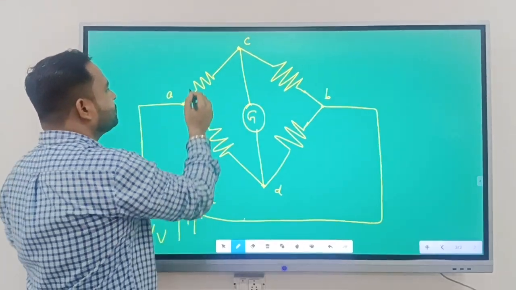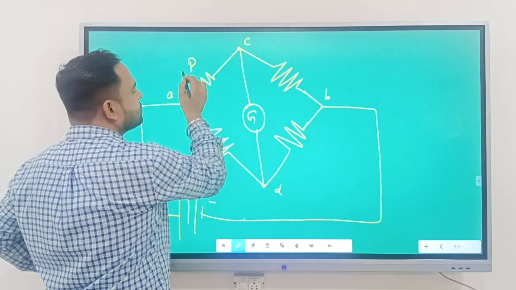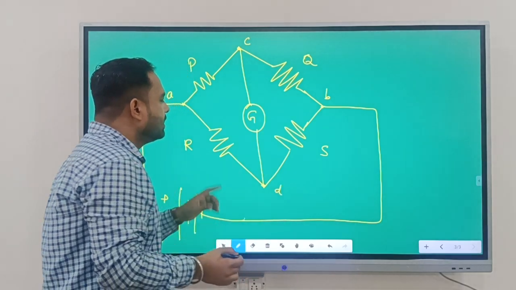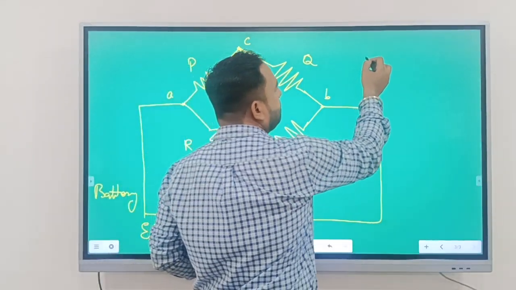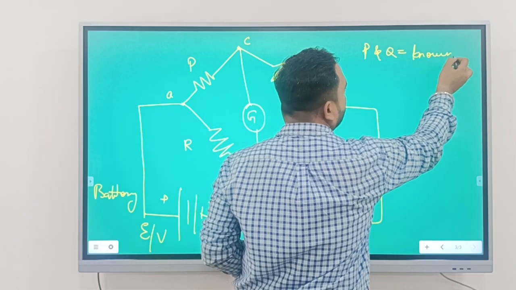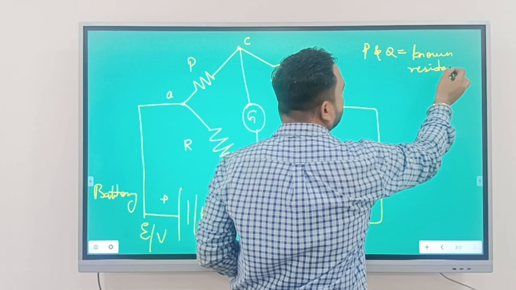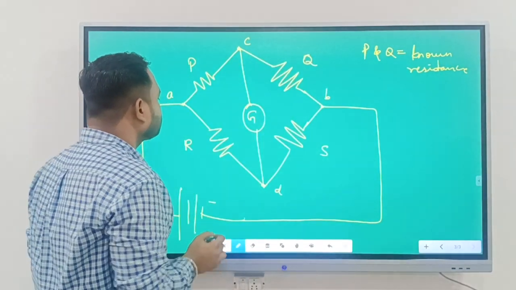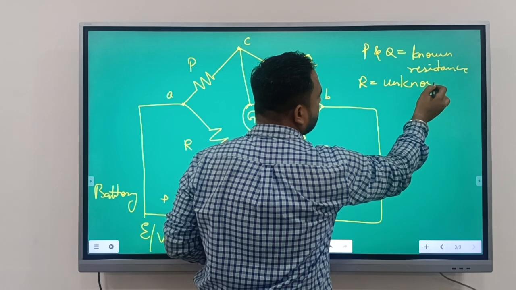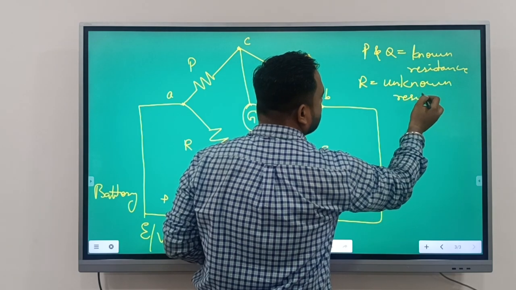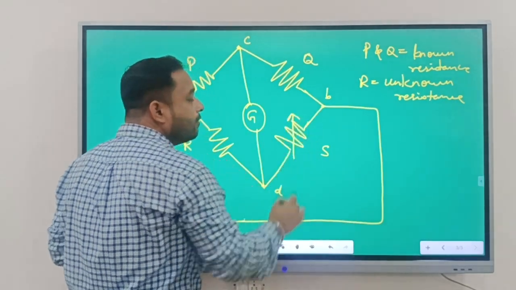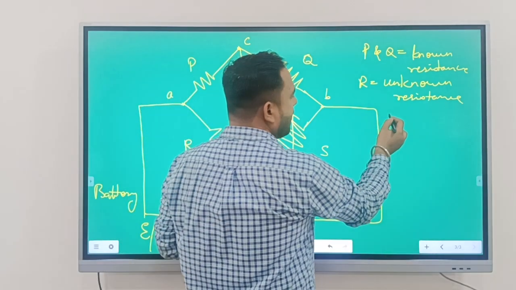This resistor is named P, this is Q, this is R, and S. P and Q are known resistances, and R is an unknown resistance, and S is a variable resistor.